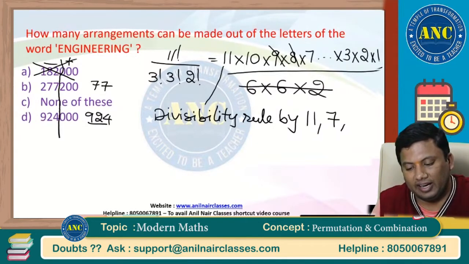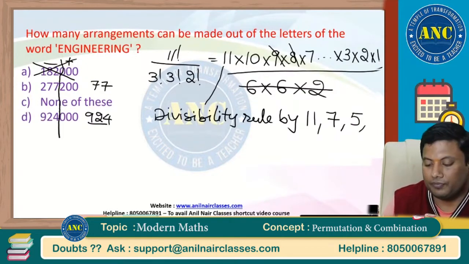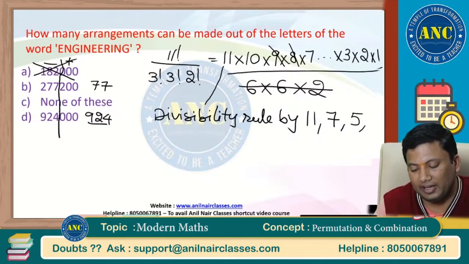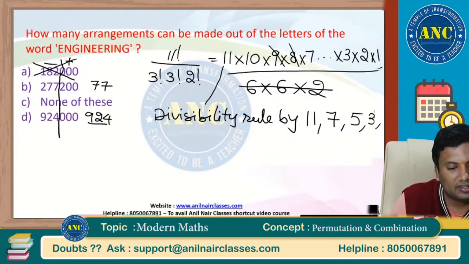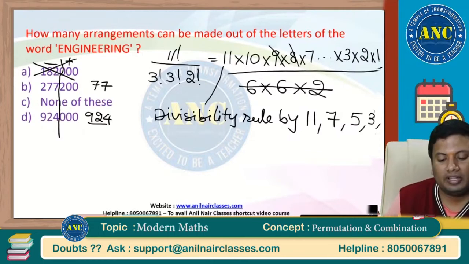If it is 11 and 7, what is the next prime number? It is 5, so it should be divisible by 5. What is the next prime number? It should be divisible by 3. So 2 options are there, and you have to go by the multiplication.